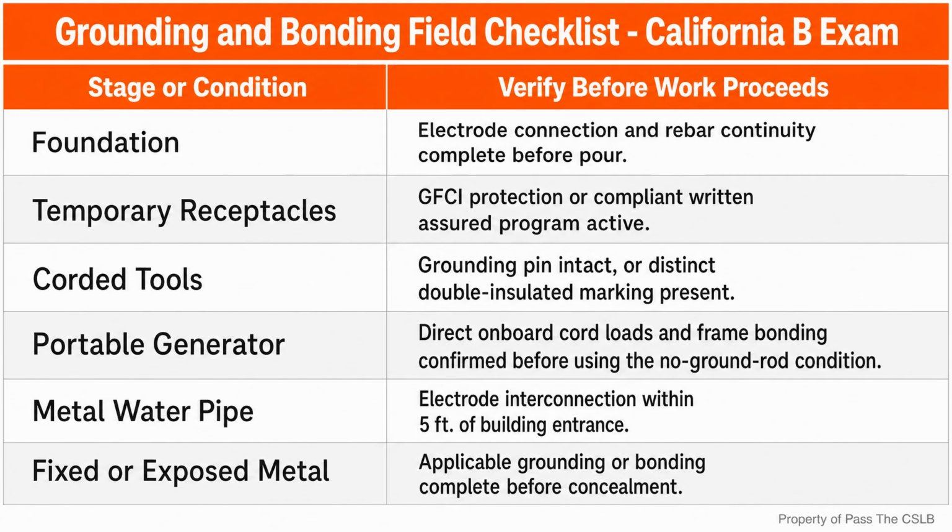A portable generator can avoid a separate grounding electrode only under the stated direct cord and plug and frame bonding conditions. Double-insulated tools need the proper marking. Concrete-encased electrode work has to be coordinated before the pour. Metal water pipe interconnections stay within the first 5 feet of entrance.